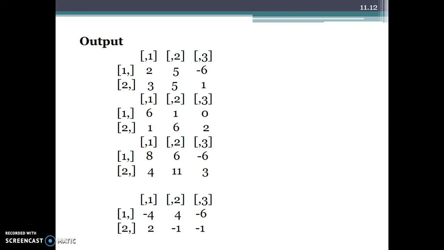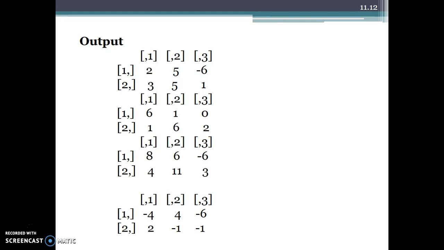So we have the output, where you can see the two matrices. You can see the sum. If you look at matrix 1, 1, 1 it is 2, and 1, 1 in the second matrix it is 6, so we get 8. If you look at row 2, column 2, the first matrix is 5. Row 2, column 2, the second matrix is 6, so we get 5 plus 6, which is 11.